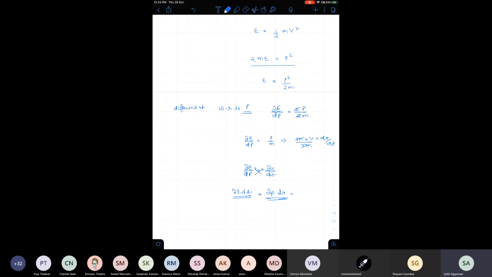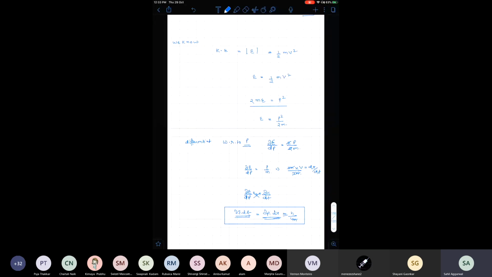We know that this is equal to h upon 4 pi, so the other one should also be the Heisenberg uncertainty principle. Understood?